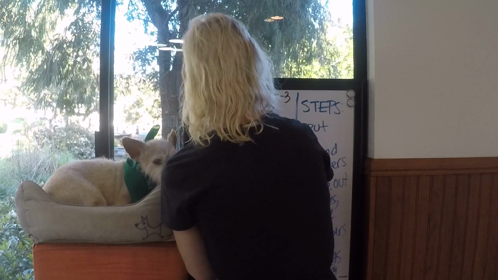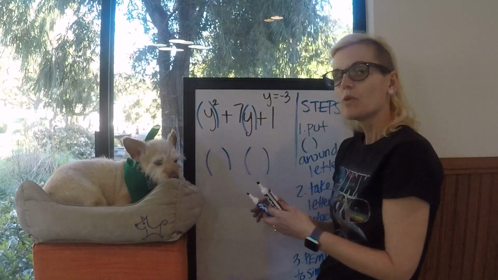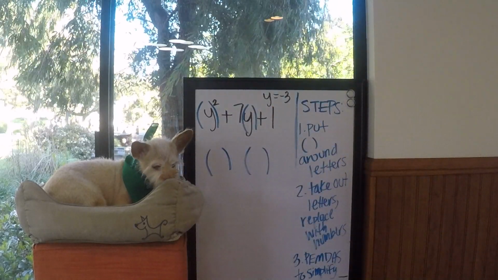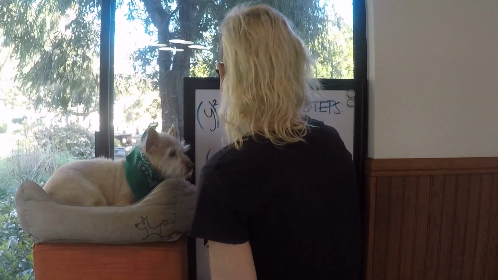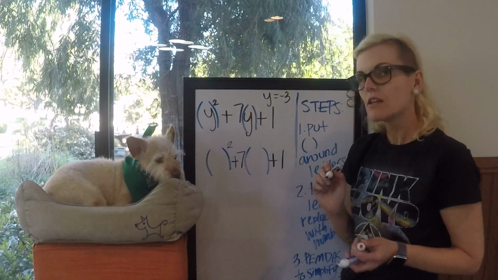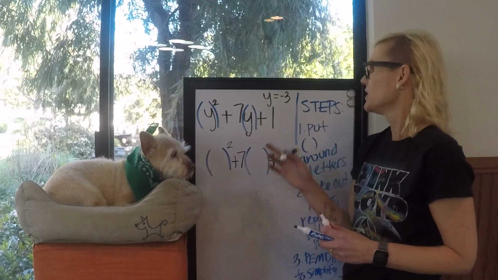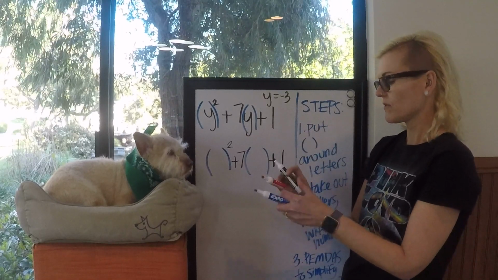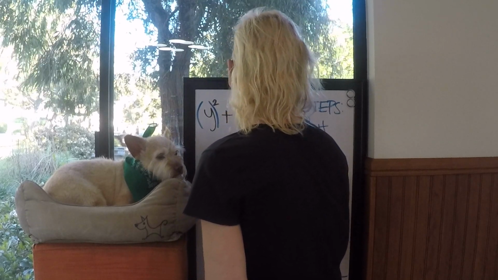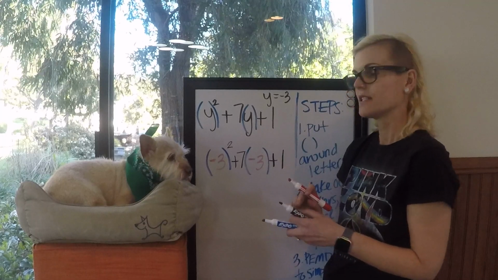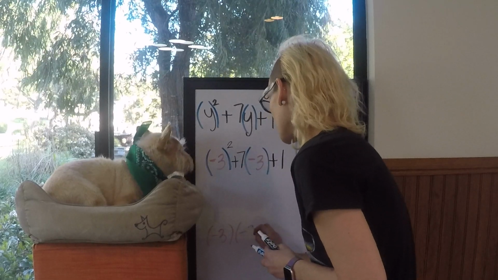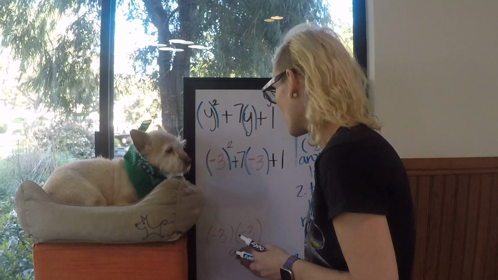And underneath of it, I'm going to rewrite our problem without the letters. So I have a y squared plus 7 and then plus 1. And I think you'll probably start noticing what's going to happen. So when I put my negative 3 in here, and I do a negative 3 times a negative 3, I end up with a positive 9.